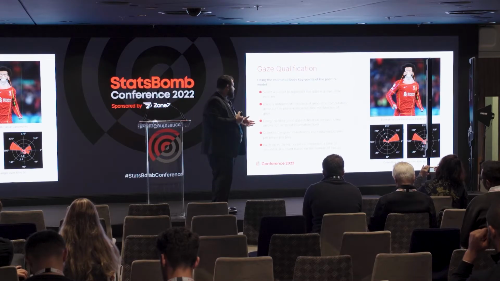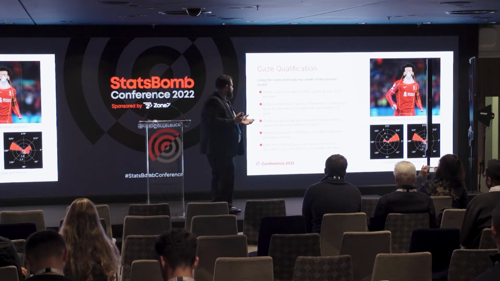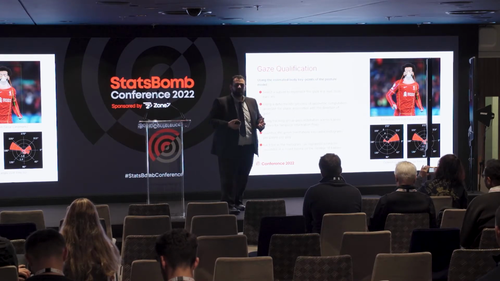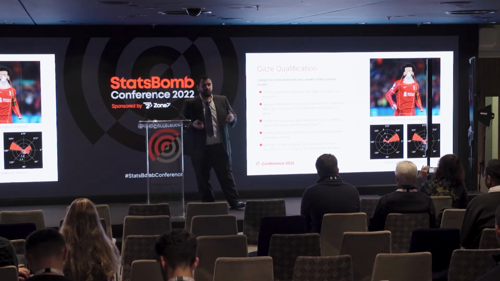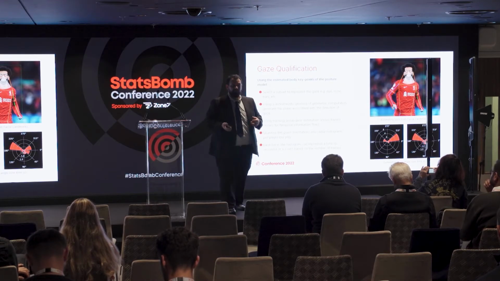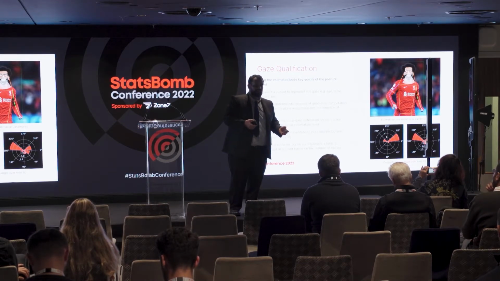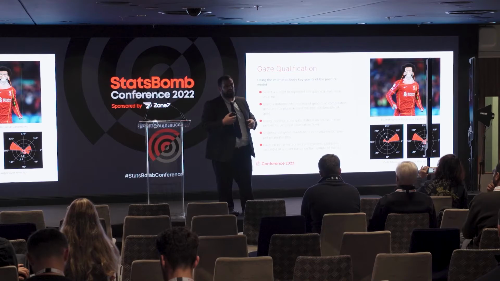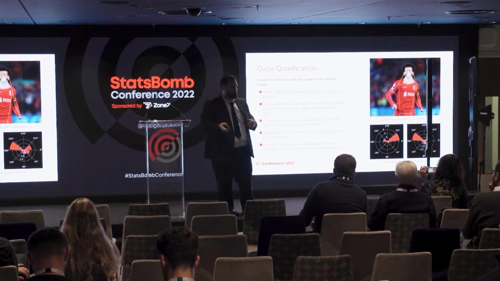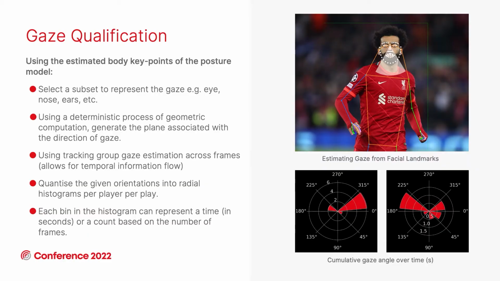Once we've done that, we can use the tracking to feed in temporal information from other frames, which is helpful because it gives us a little more stability and a chance to improve the prediction as well. And once we've done that, we can then quantify the position of where the players are looking, where they orient their head, using radial histograms.